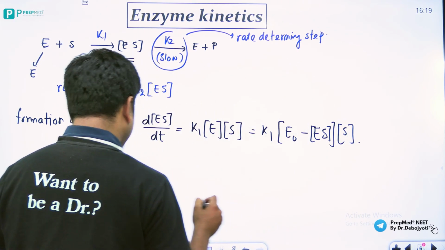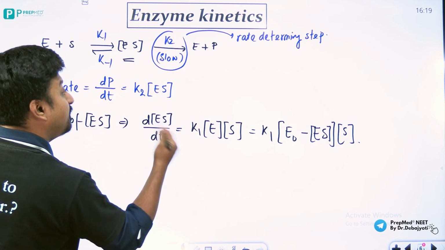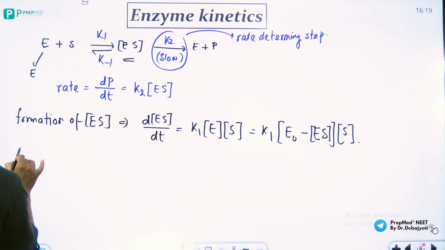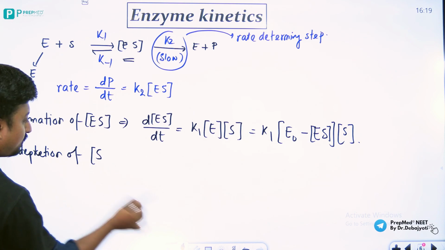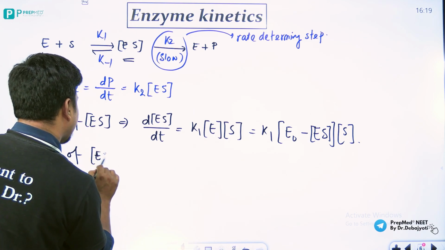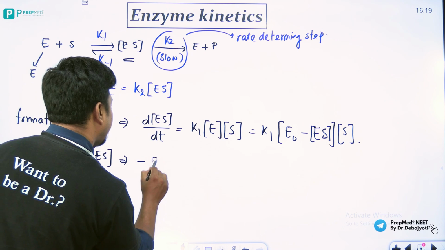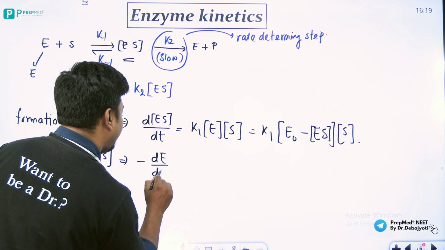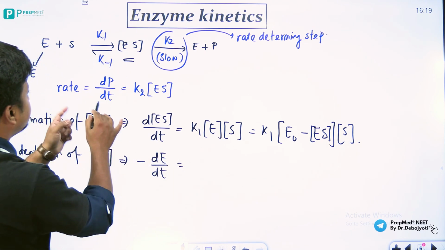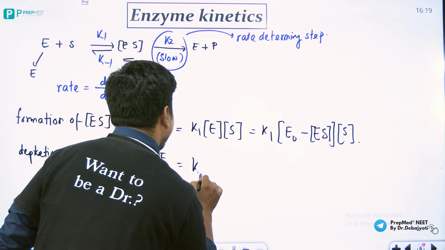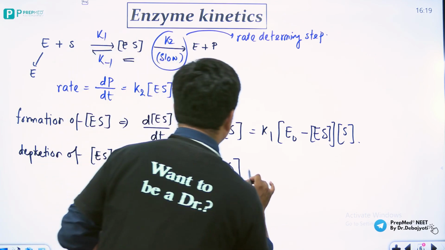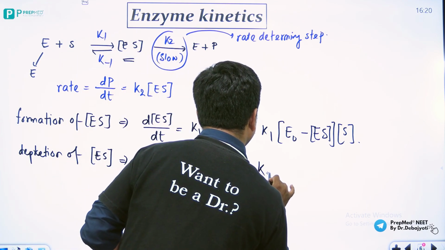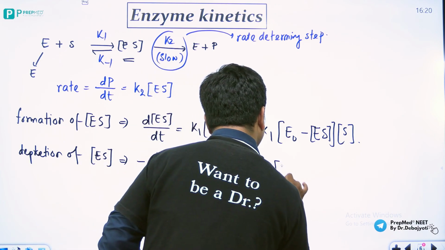Again, if I talk about the depletion of the enzyme substrate complex, minus d[ES] by dt is equal to, since it is depleted, K minus 1 into ES and also K2 into ES.